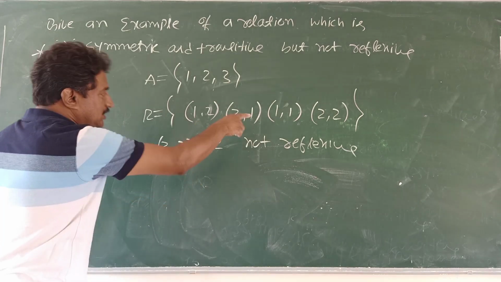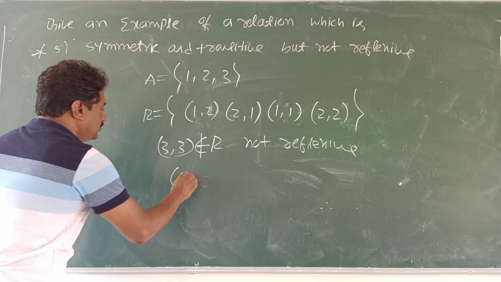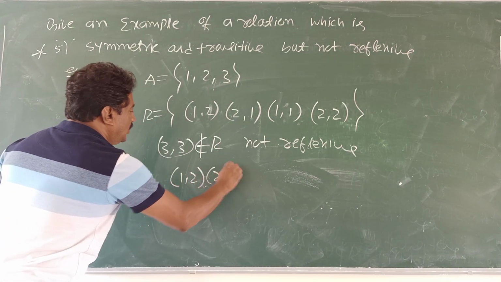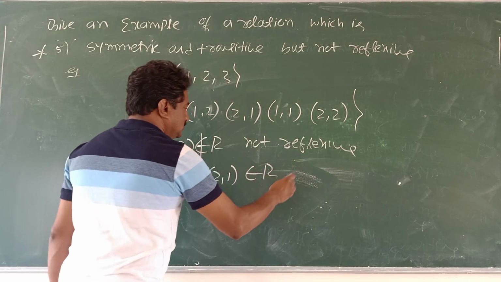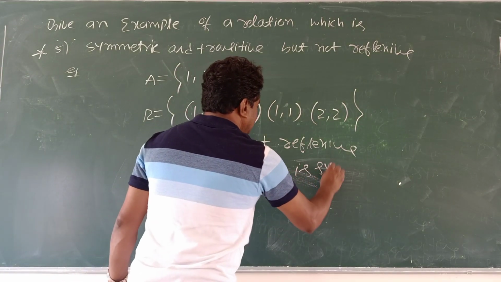It is symmetric: (1, 2), (2, 1) belong to R.